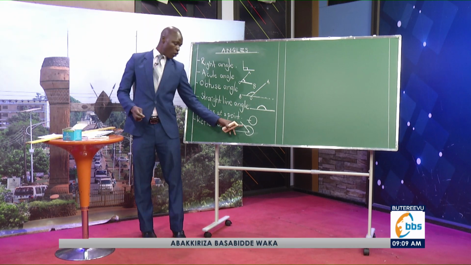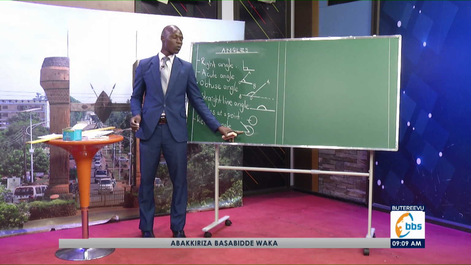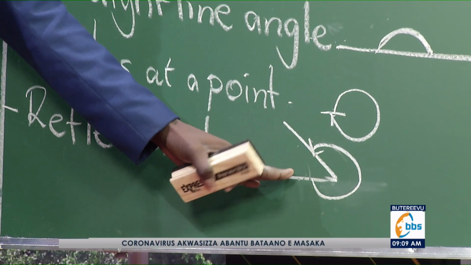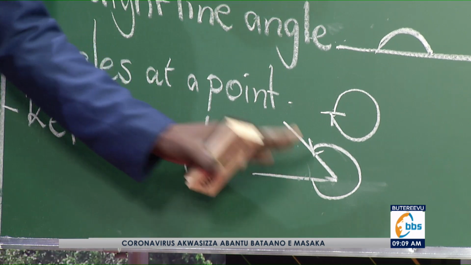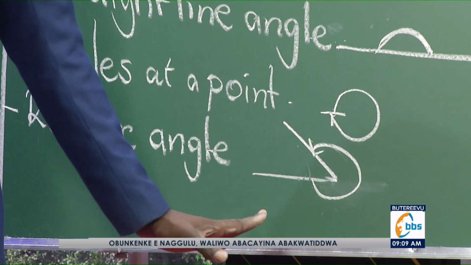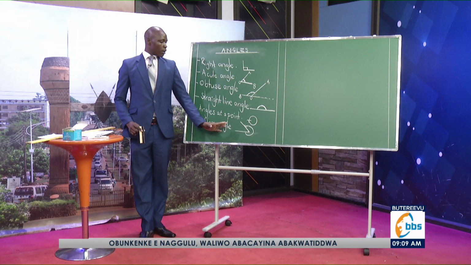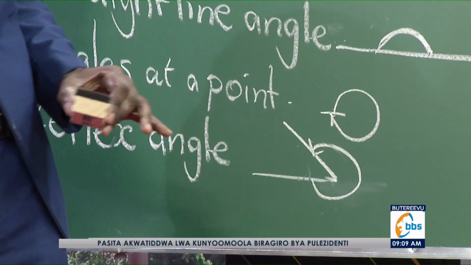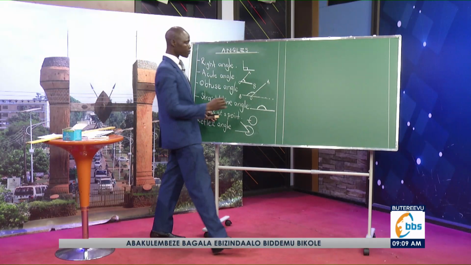The angle formed here is a reflex angle. It is beyond 180 degrees, but less than 360 degrees. Let's also look at what we call complementary angles.